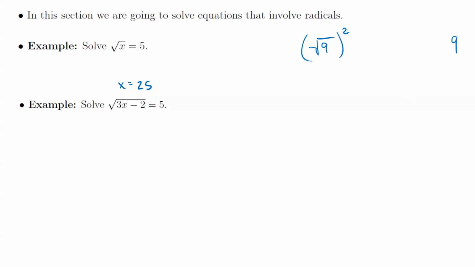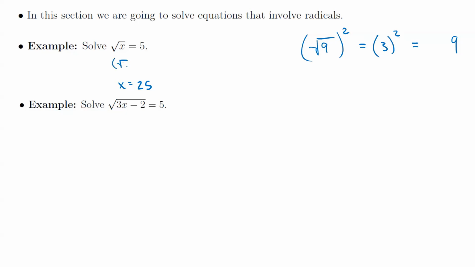In other words, the square and the square root kind of zap each other, for lack of better phrasing. And of course, the reason for that is that the square root of 9 is 3, right? And that's because 3 times 3 is 9. And that's exactly what I'm having us do here, take 3 times 3.